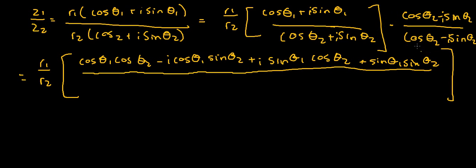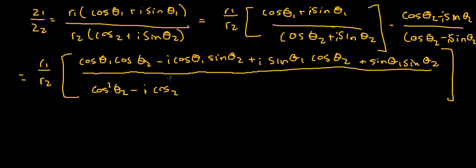And then the bottom, which is the important part, I get cosine. Well, let me just multiply the whole thing out, so it becomes very obvious why I'm so dumb. So cosine squared theta 2, and then minus, oh, I knew it. I paused because I remembered the i, and then I didn't put it there.